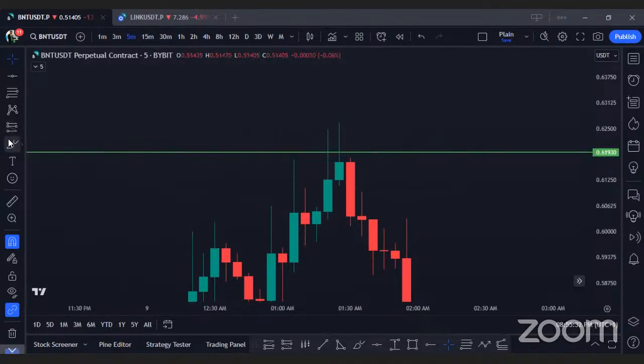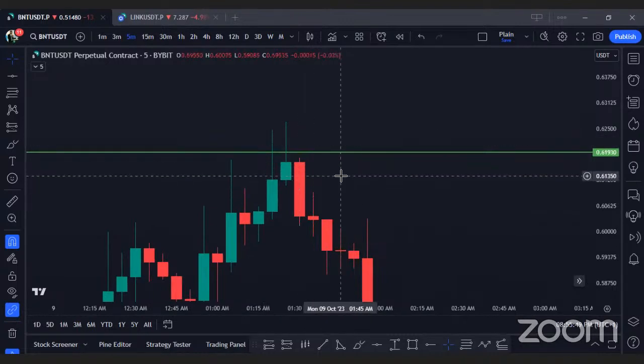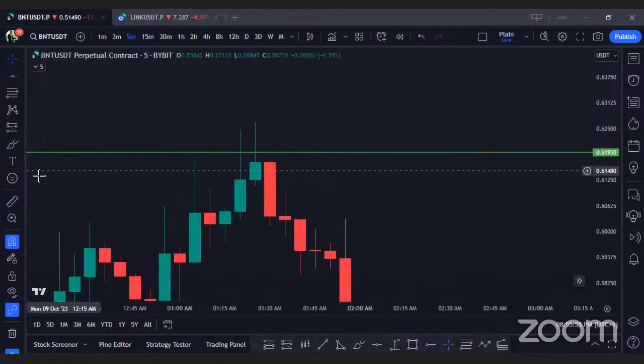I'll go to my Bybit exchange and say, okay, this is my resistance. My resistance is at 60, 61 cents. If it moves up a bit to around 62 cents or thereabout, I want to pick a trade there. And then I want to close this trade when it goes down by 5%, and guess what?